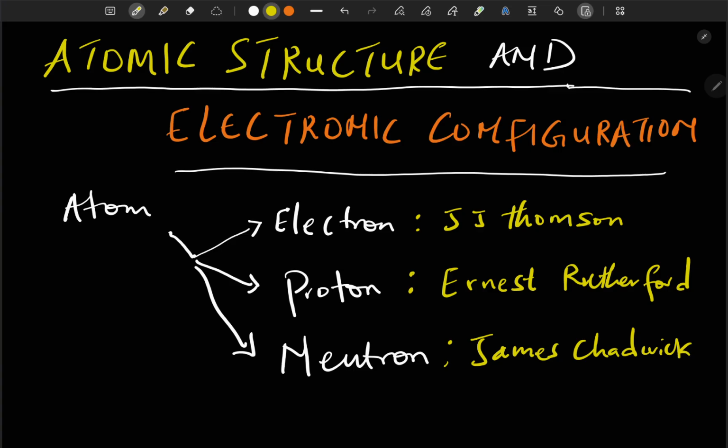We are not going to be going into the historical details of this discovery in this video, but we'll focus more on the fundamental properties of each of the subatomic particles, and also we'll focus on writing electronic configuration, both shell and orbital electronic configuration.